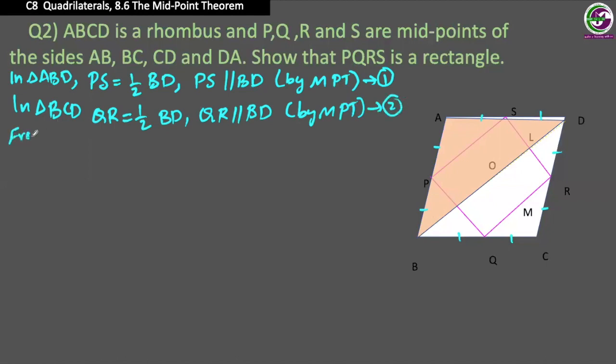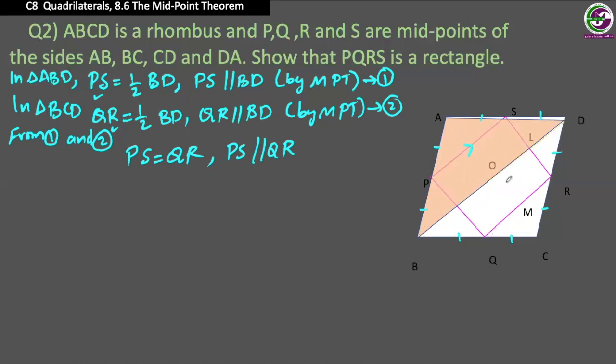From 1 and 2, right sides are equal, so left sides will be equal. PS is equal to QR and PS is parallel to QR. Why is it so? PS is parallel to BD. Again, BD is parallel to QR.